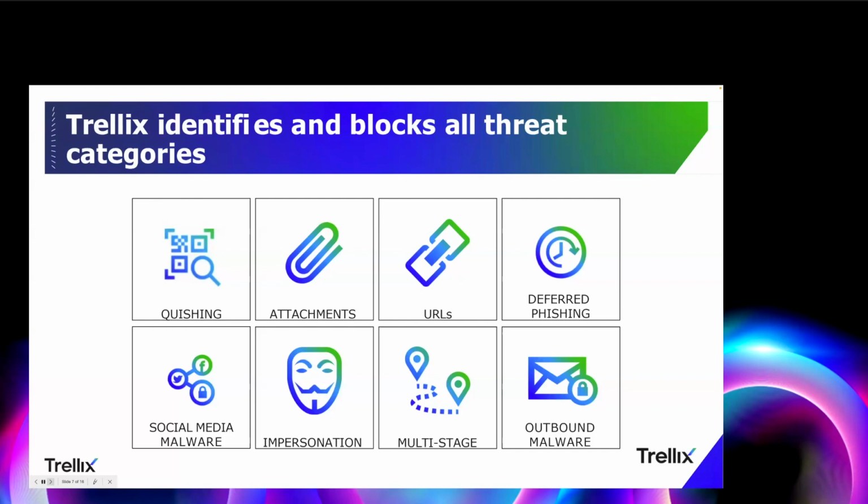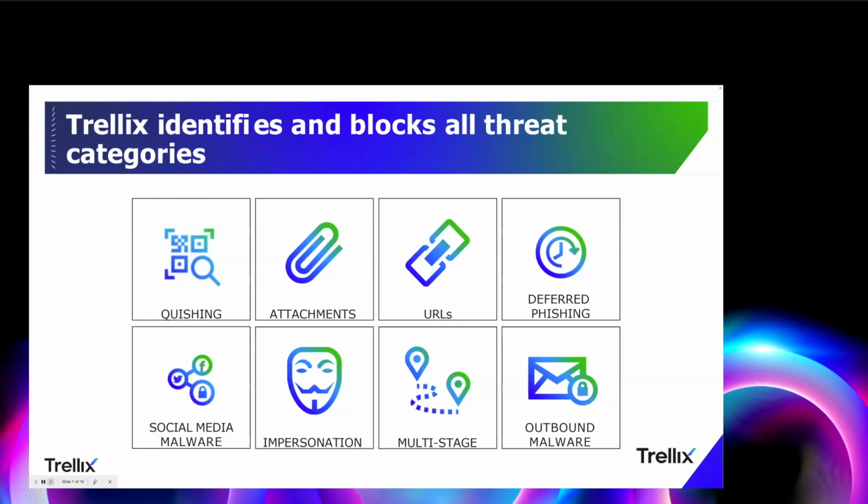Also a feature that other vendors or, let's say, open source products don't have is impersonation protection. This is where cyber criminals rely on their art of deception, but Trellix is equipped to see through their tricks by combining natural language processing with sender verification.